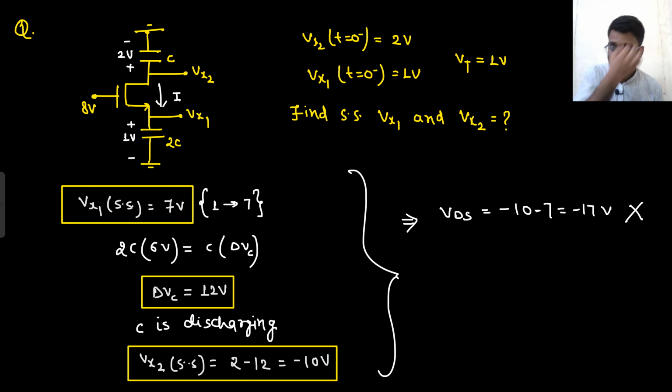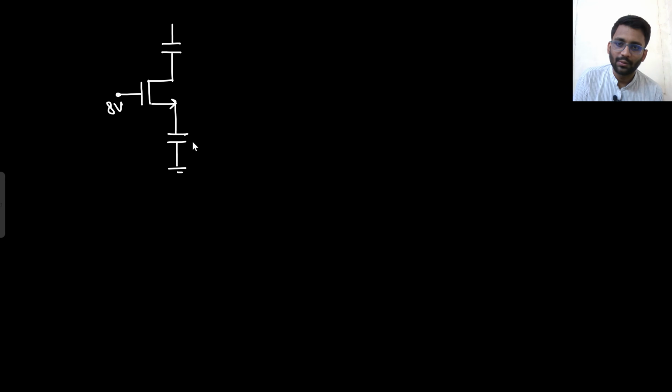So this is our circuit. This is 8 volt. 2C. This is 1 volt. C. This is 2 volt.